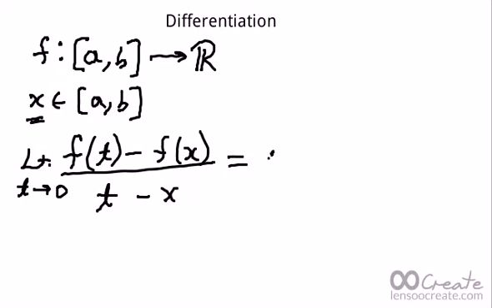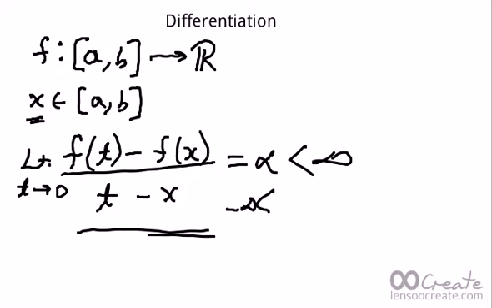Finite, you can say some alpha, less than infinity and greater than minus infinity. Then it is called differentiable at this point x.